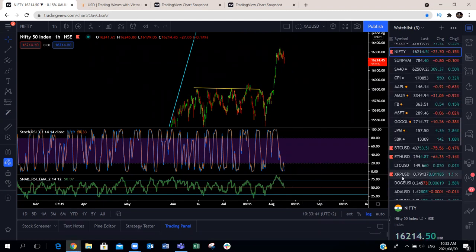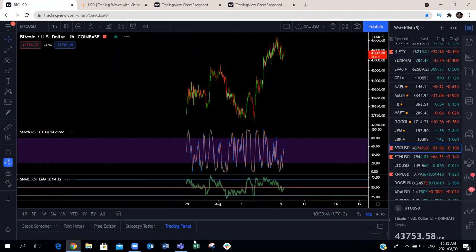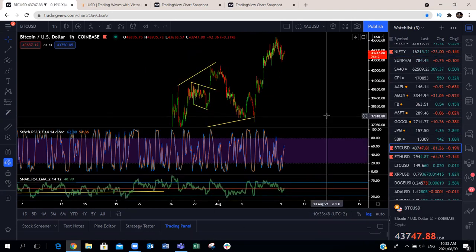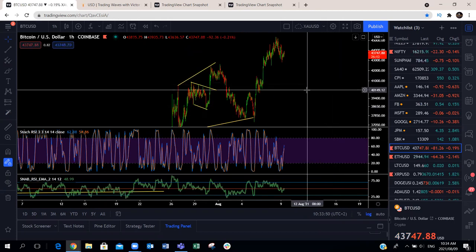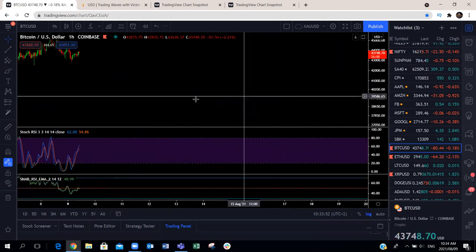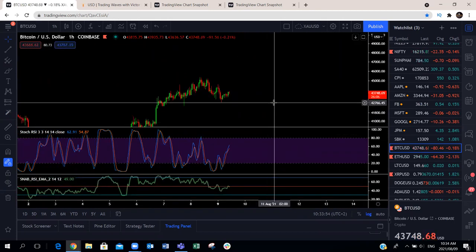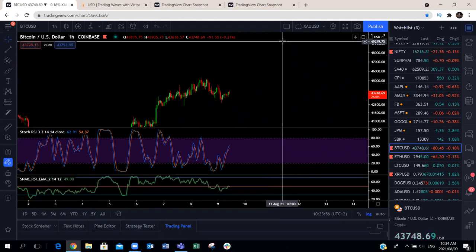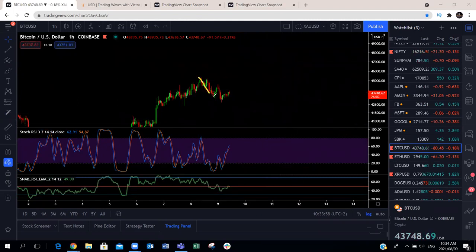Let's go to the cryptocurrencies. Bitcoin has reached 45,000 yesterday. We still expect more upside in the lower time frame. This is a three-wave pullback. If this is showing continuation to the downside, we can have this as a 1, 2, 3, and we see continuation to the upside.